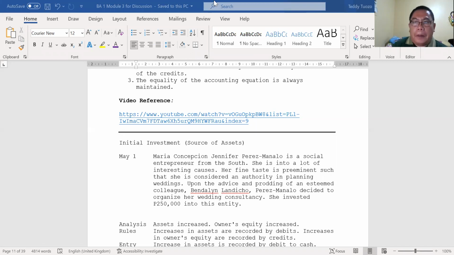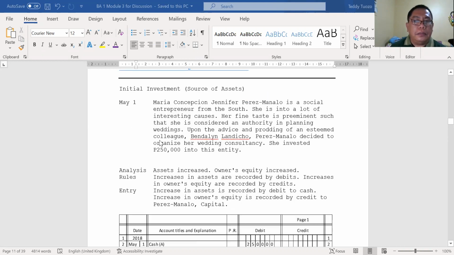Okay, now let's have an example of transactions and how we record each transaction. On May 1, Maria Concepcion Jennifer Perez Manalo, a social entrepreneur from the South, is into a lot of interesting causes.